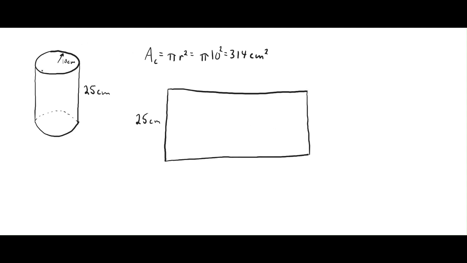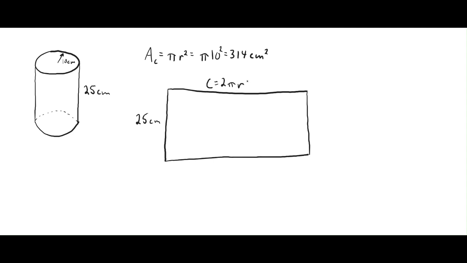Now imagine cutting this like we talked about before and unrolling it. The length of that rectangle is just going to be the same as that length going all the way around that circle. In other words, it's the circumference of that circle. So the length of this side is the circumference of a circle, which equals 2 times pi times r.